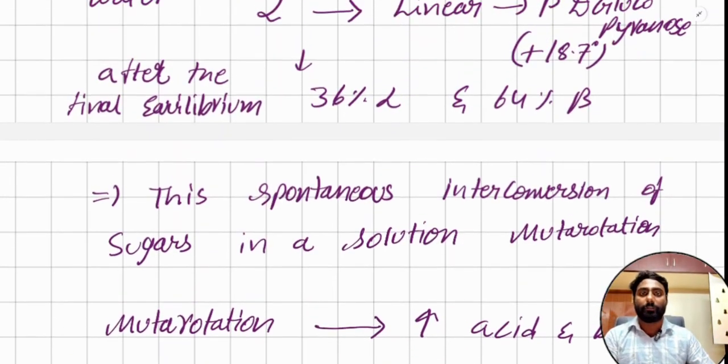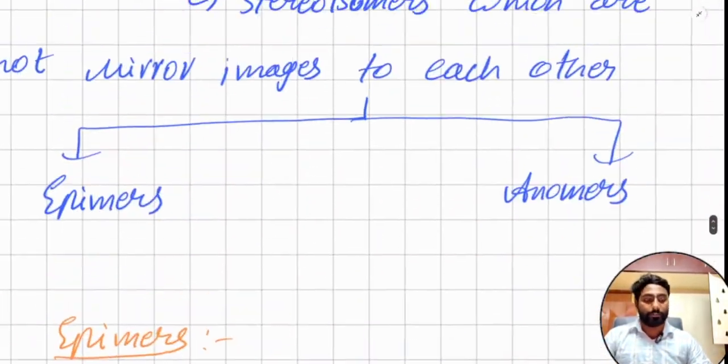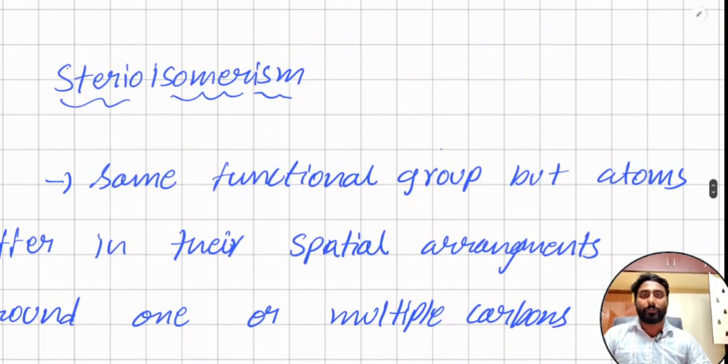Got it, students? So this is all about your monosaccharides and isomerism. Okay. Thank you.